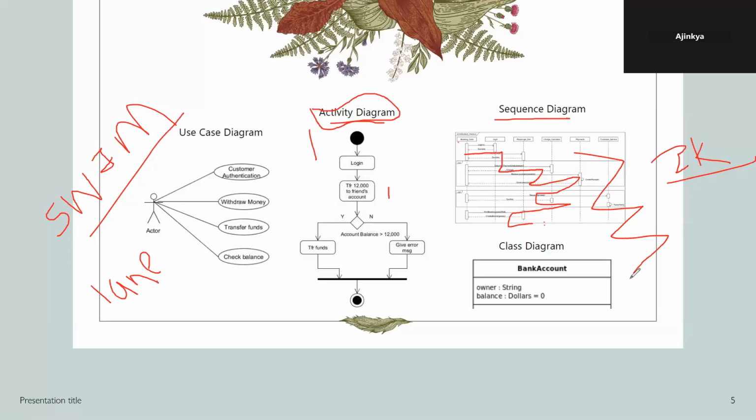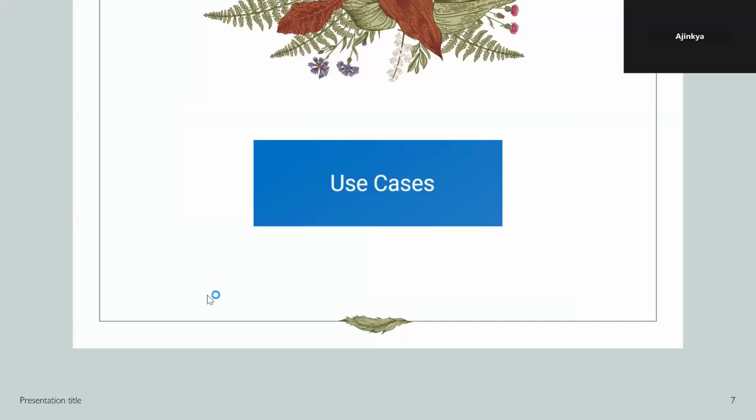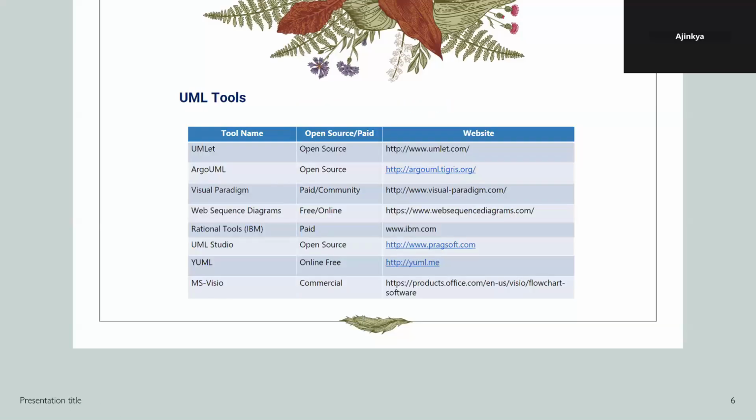We'll move to the next. These are the different UML tools. You can take a screenshot or photo of this, go through the websites, and explore these open source tools.